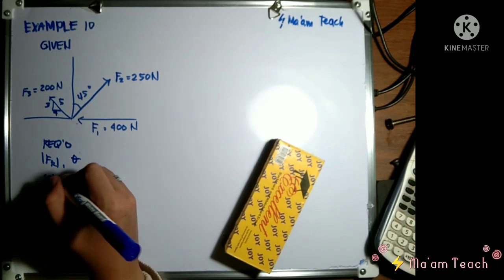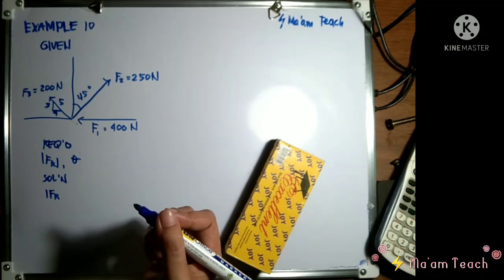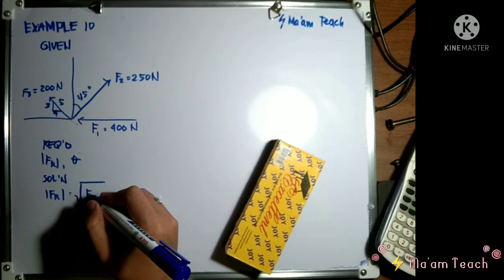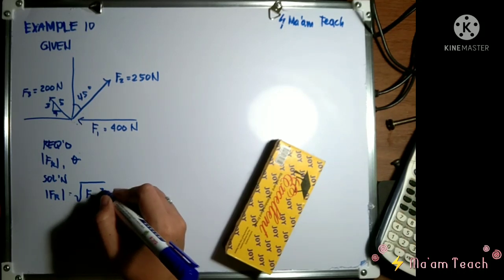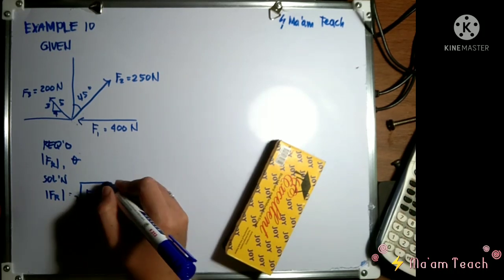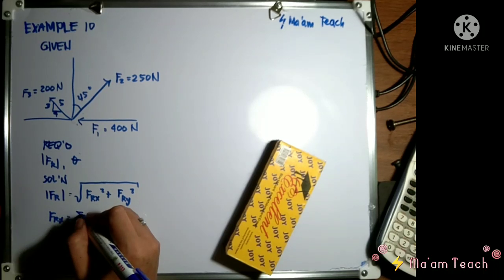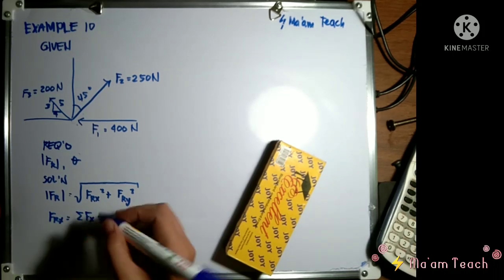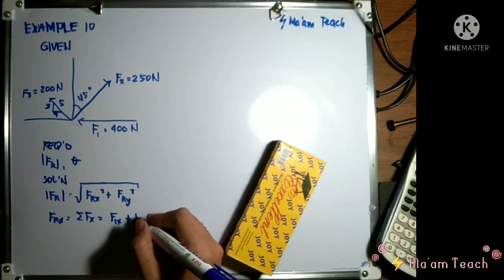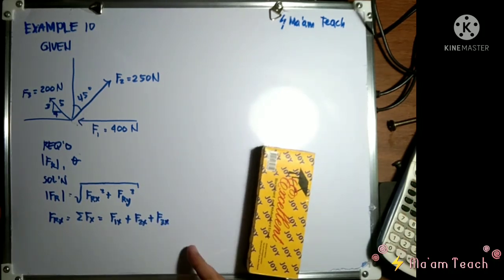Okay, so in order for us to solve that, class, for our F sub r, we simply, like you've said, use the square root of the sum of the squares of the components there. And in order to solve for the Frx, we have to summate the forces along x, which includes 3 forces: the x component of F sub 1, x component of F sub 2, and x component of F sub 3.